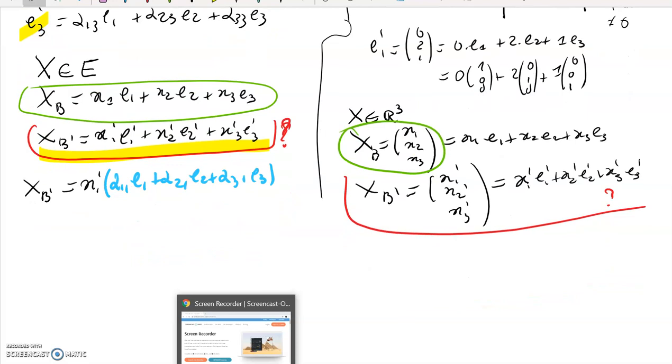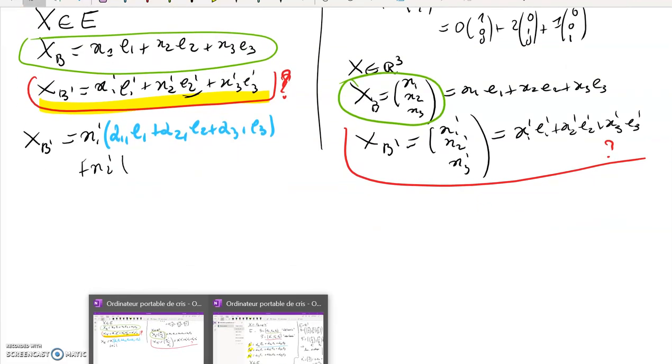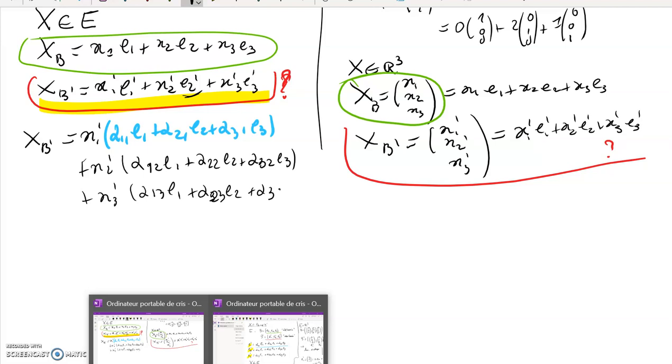Same thing plus x2 prime times e2 prime, using its expression with respect to the old basis vectors: alpha 1 2 e1 plus alpha 2 2 e2 plus alpha 3 2 e3, plus x3 prime times alpha 1 3 e1 plus alpha 2 3 e2 plus alpha 3 3 e3.